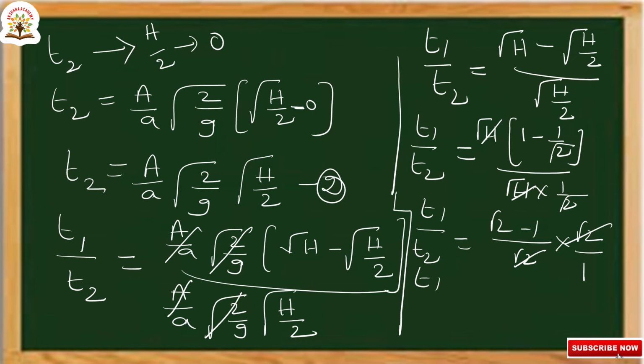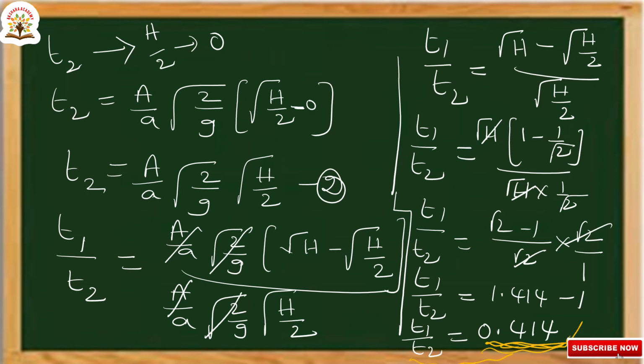So T1 by T2 is equal to root 2 minus 1, that is 1.414 minus 1, which is 0.414. This is the value of T1 by T2. Okay, next go to the next question.